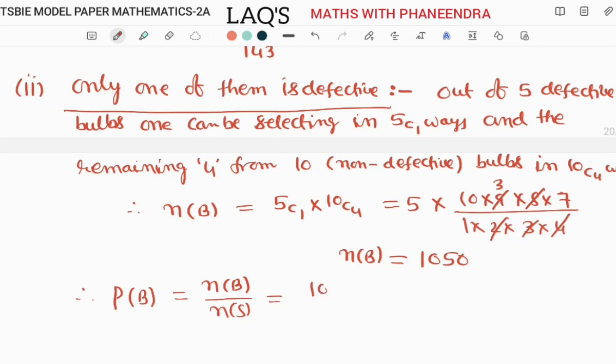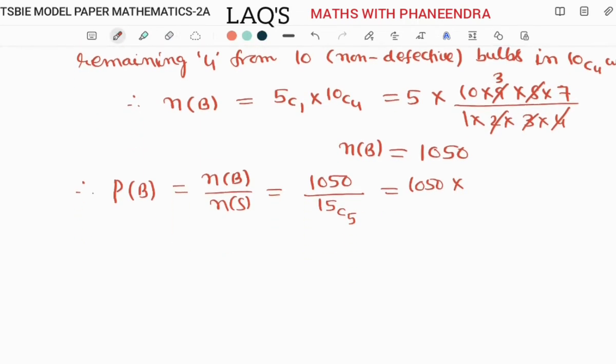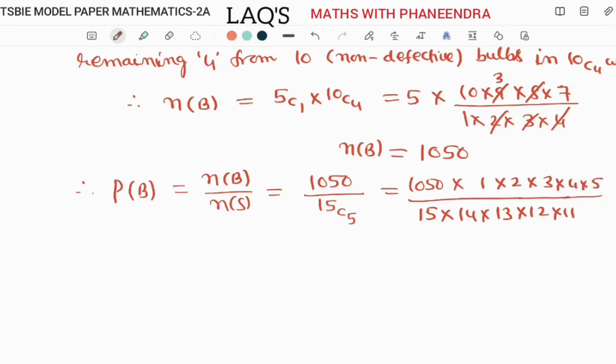So n of B is 1050 divided by 15C5, which is equal to 1050 into 1 2 3 4 5 over 15 into 14 into 13 into 12 into 11. So here 3 into 4, 15 cancel.